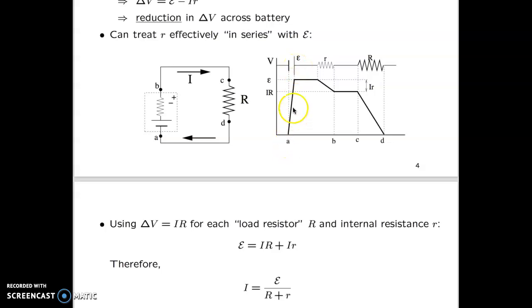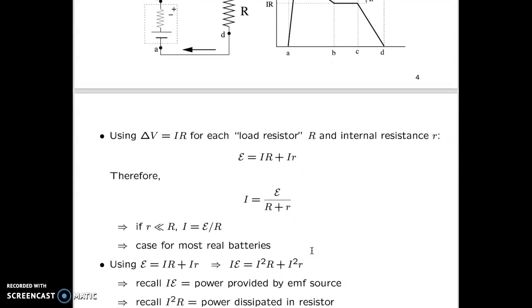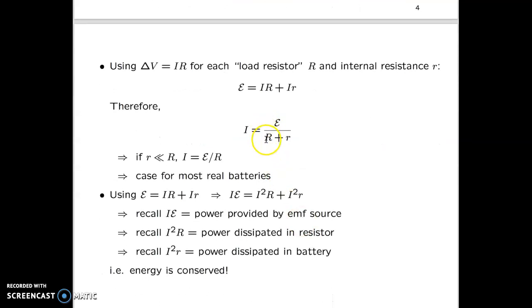It goes up a certain amount, then comes down I times little r, and then comes down again I times big R. Because the circuit forms a closed loop, the rise E, the EMF, is equal to the sum of the two drops, I times big R plus I times little r. So the current is the EMF divided by big R plus small r.